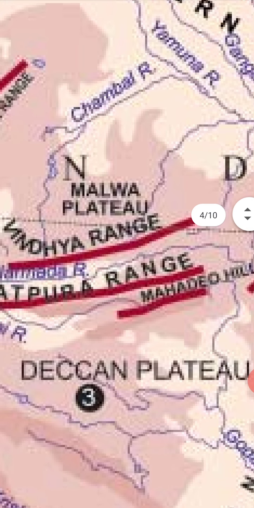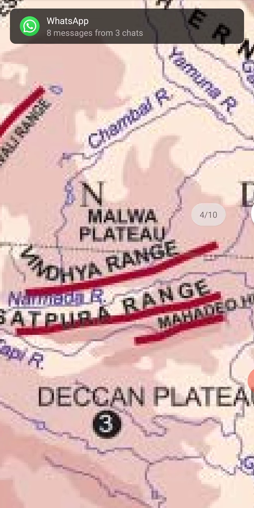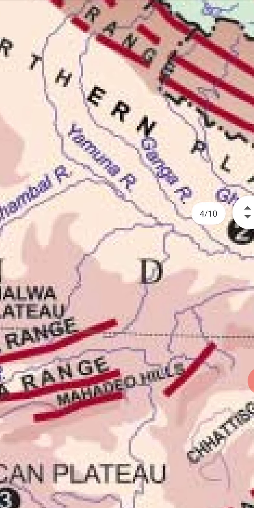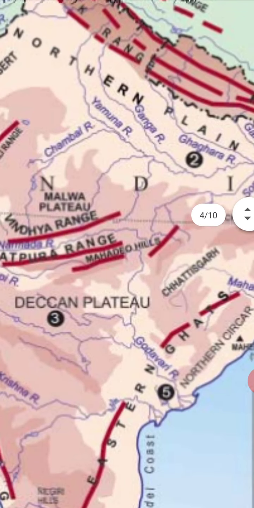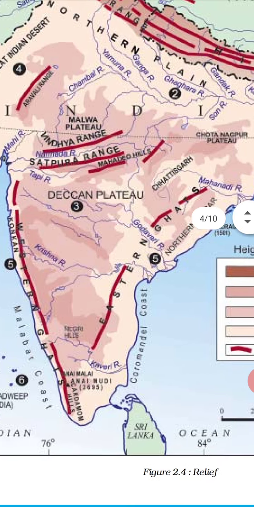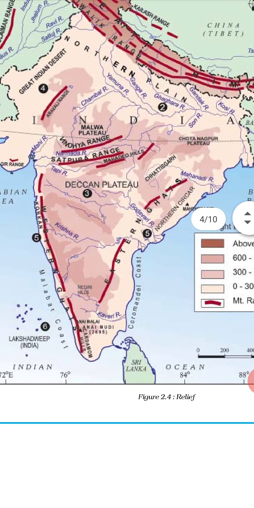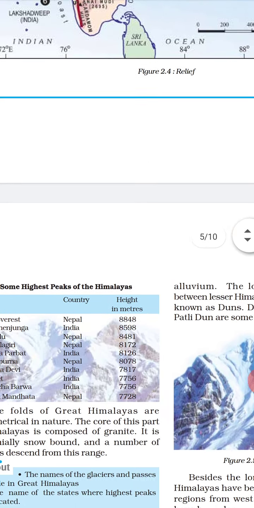One more tributary is river Chambal. First it is the tributary of river Yamuna, and then Yamuna is the tributary of river Ganga. So these are some of the Himalayan rivers. We'll discuss this map again and again and discuss further points.